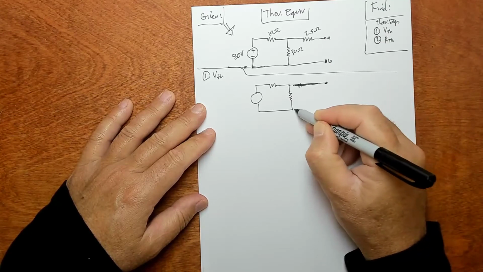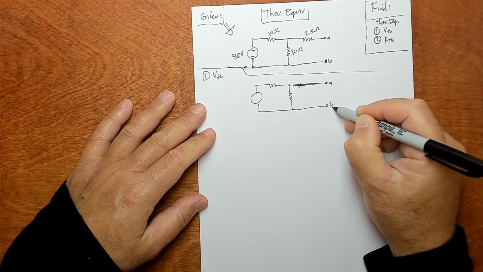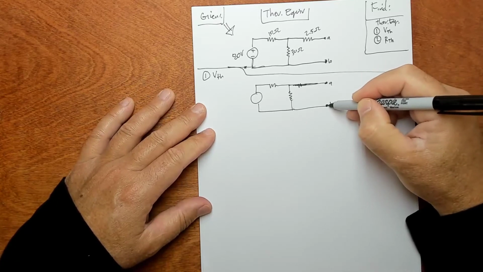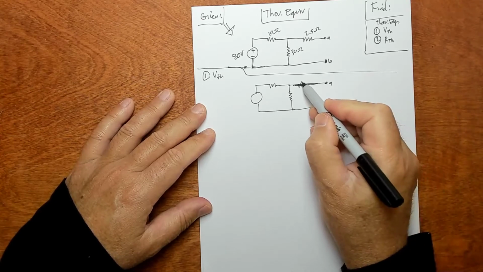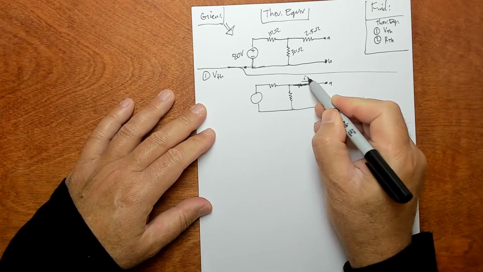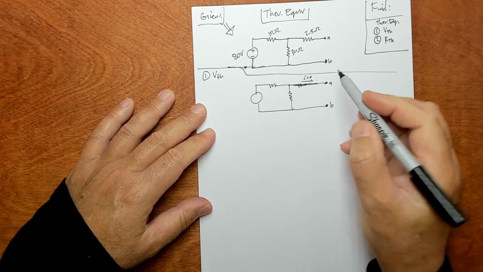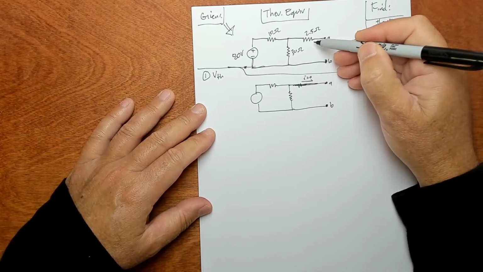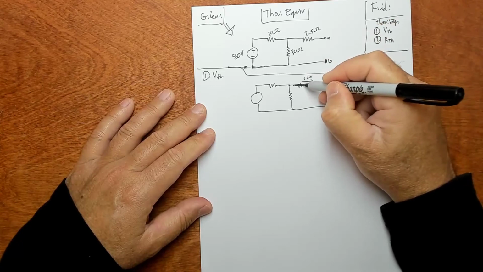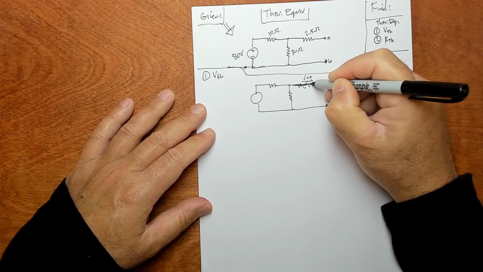When there's no load connected across AB, there'll be no current in here. This I will be equal to 0. And if I is equal to 0, then there's no voltage drop across the 2.5 ohm resistor. In other words, this 2.5 ohm resistor is behaving as if it were not there.